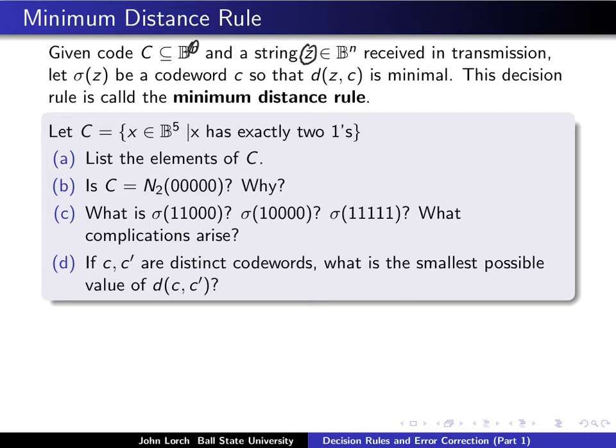All right, so here we have an example. Here our code is going to consist of strings of length 5 that have exactly 2 ones.